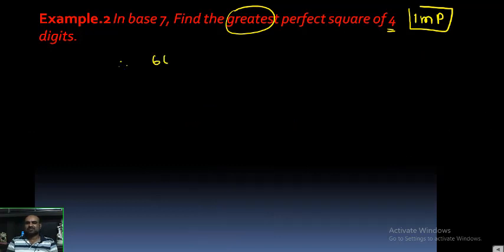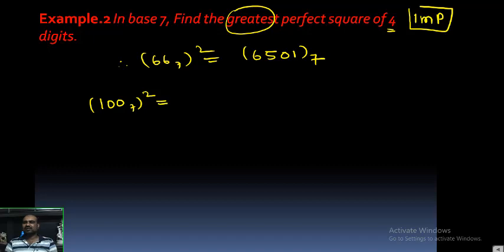The square of 66 base 7 is 6501 in base 7. The immediate number is 100. I want to find its square. Directly I can't. First of all, we should convert that number into our system: 1 into 7 squared plus 0 into 7 power 1 plus 0 into 7 power 0, that is 49.